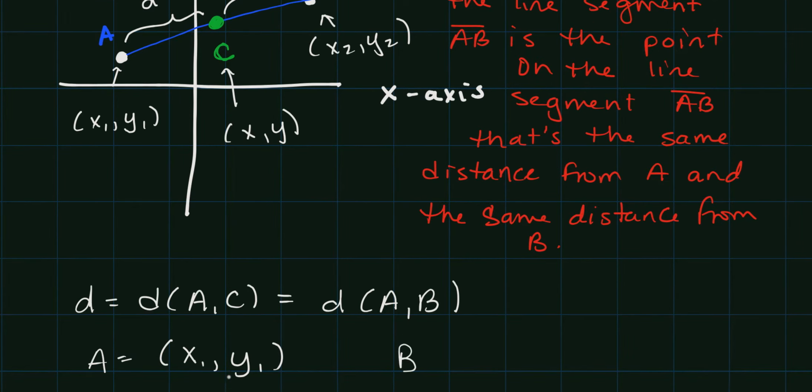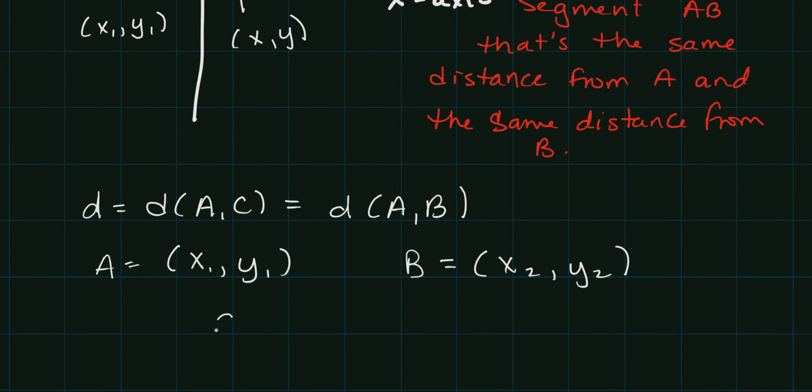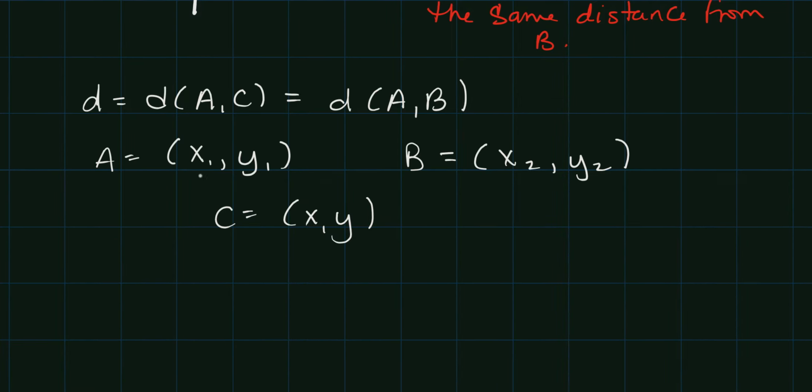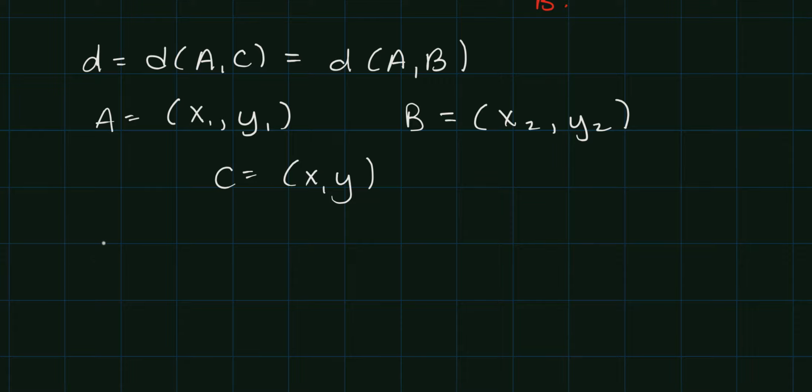So A is x1, y1, B is x2, y2, and then C is x comma y. Now the distance D between A and C, well, how would we find that? The distance is the square root.